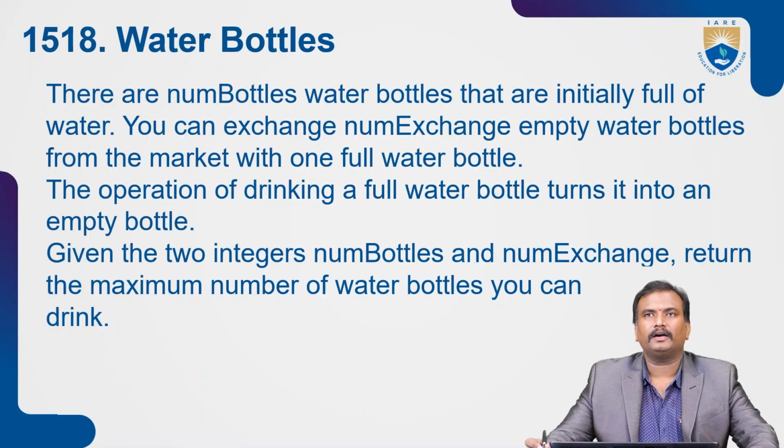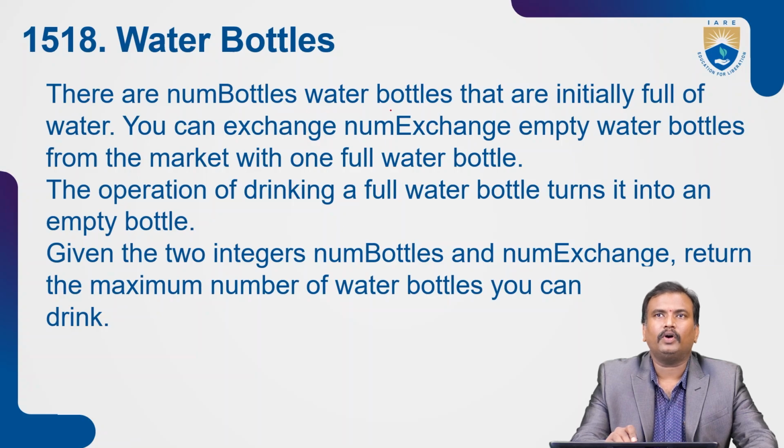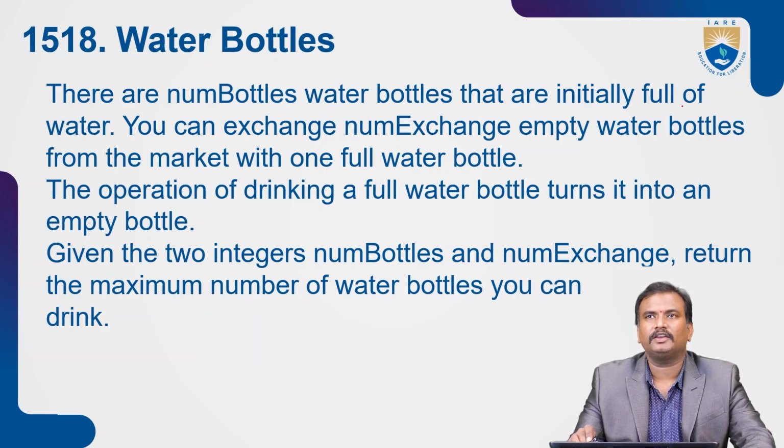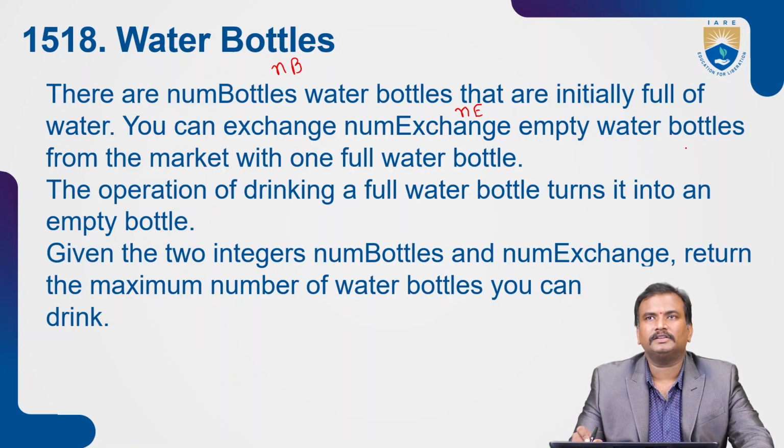Now let us go with the question, what is given. There are number of bottles, that is NB, water bottles that are initially full of water. You can exchange with the number exchange the empty water bottles.